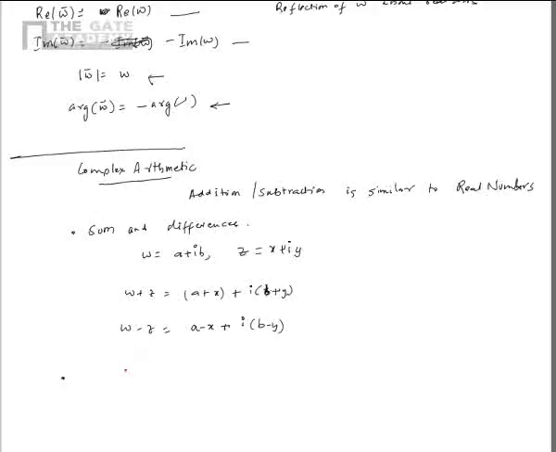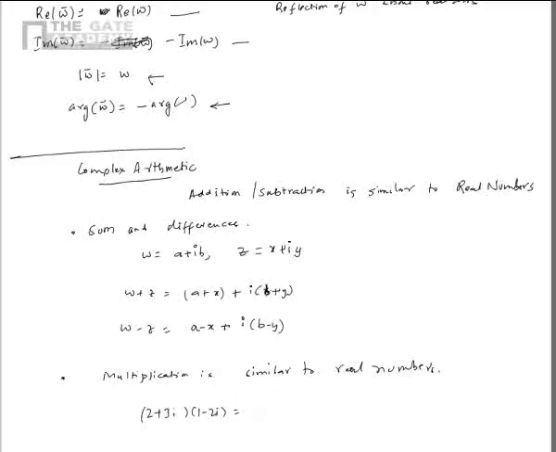Now multiplication is similar to real numbers. Let's see what happens. Say you have 2 plus 3i and 1 minus 2i, so you just multiply. It's like multiplying two binomials.